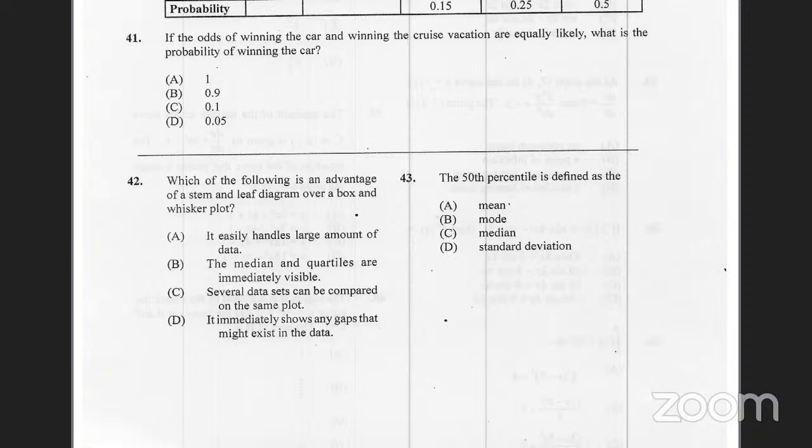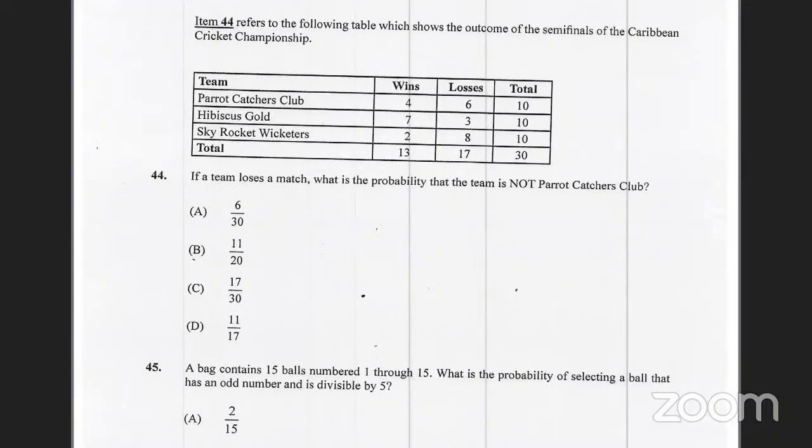Next one, the 50th percentile is known as the median, right? If your team loses a match, and so on. So they have wins, they have losses, they have totals, right? If your team loses a match, what's the probability that the team is not Parrot Chasers Club? So you lose a match.